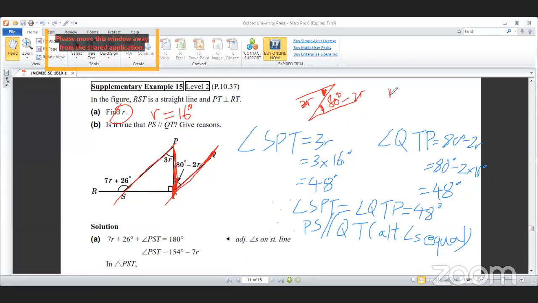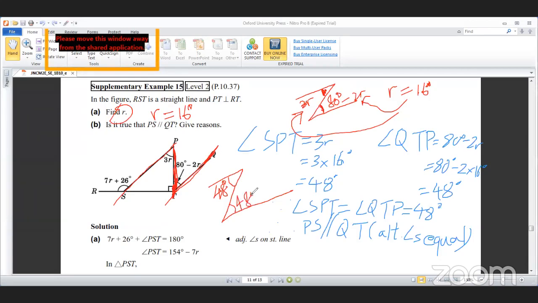We just put back R equals 16 degrees to find these two angles. After the calculation, we find that this one is 48 degrees, and this one is also 48 degrees. Therefore, they are equal.